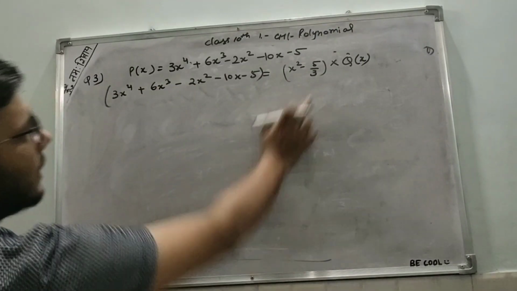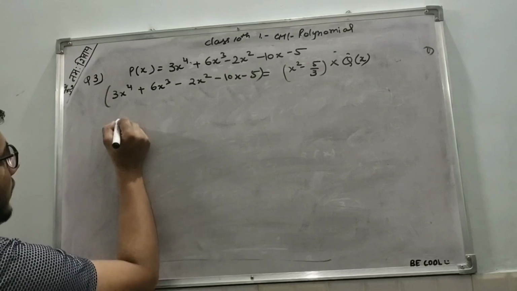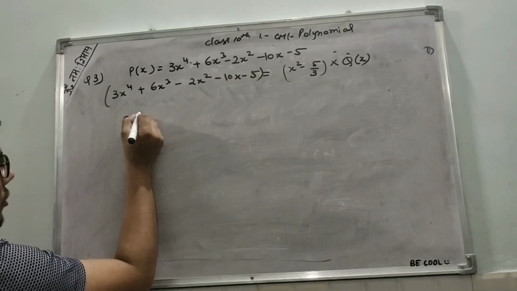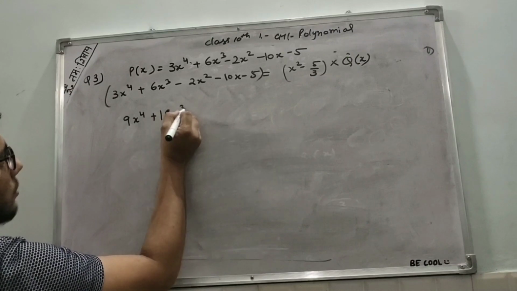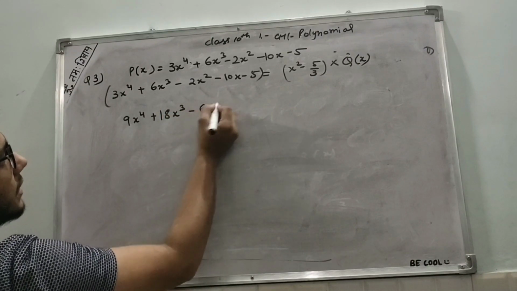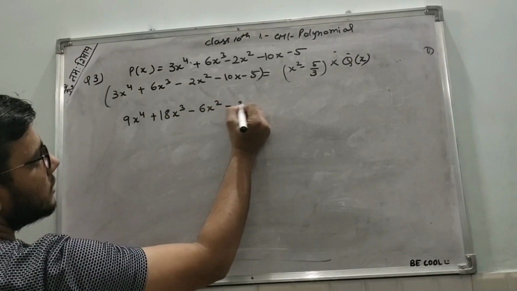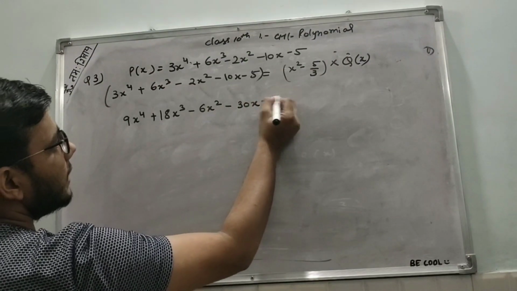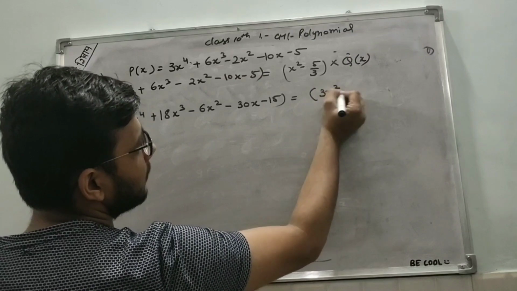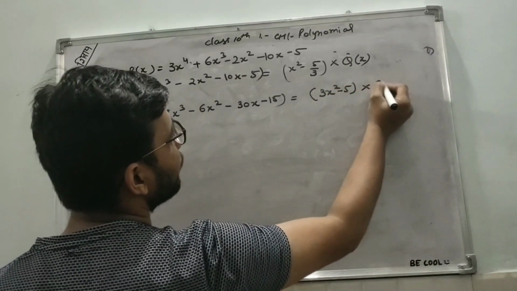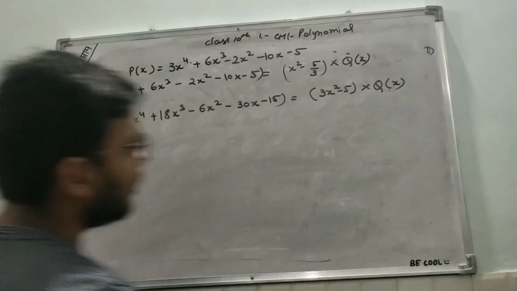Now take LCM 3. So we get 9x^4 + 18x^3 - 6x^2 - 30x - 15 = (3x^2 - 5) q(x).